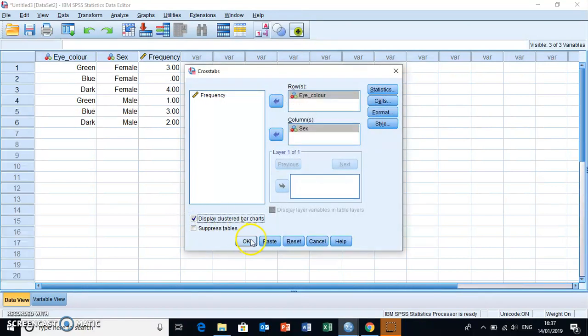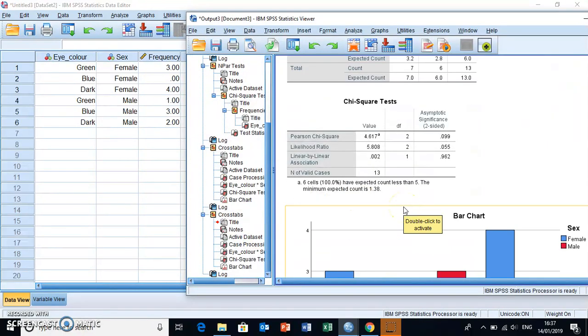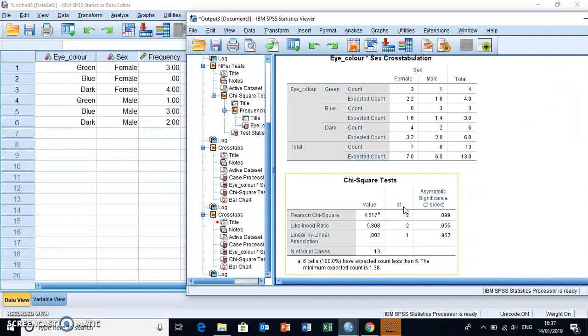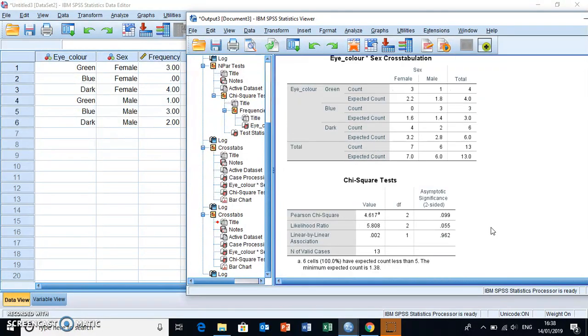We're going to get a clustered bar chart again, just in case. And we press OK. And the result that we get is exactly the same as before, because those two data sets are exactly the same. It's just that in one you have 13 rows of data, one for each person, and in the other you have summarized the data in a frequency table.